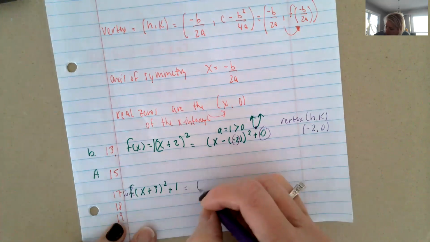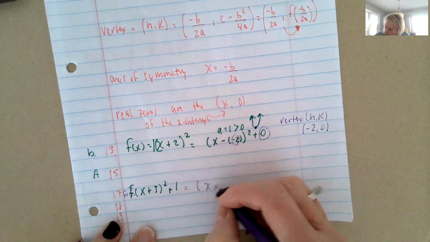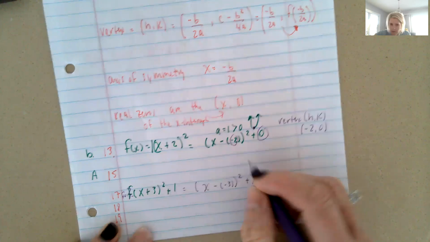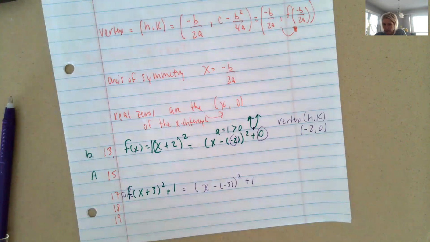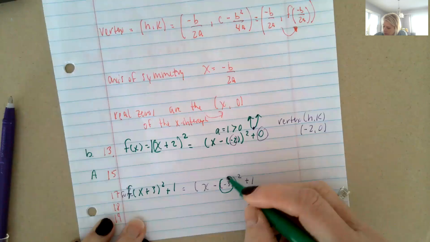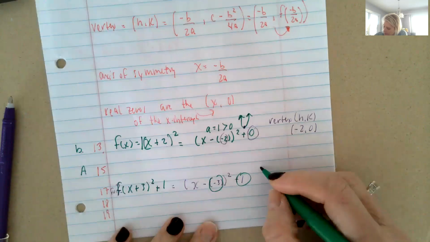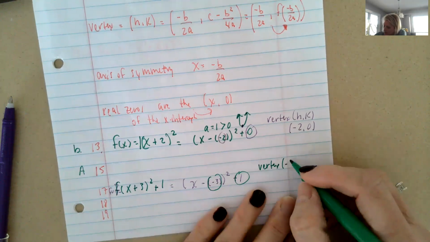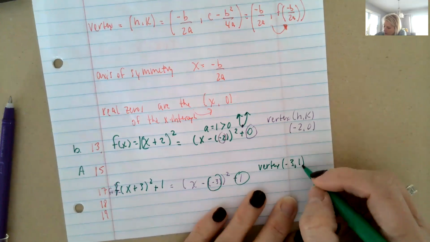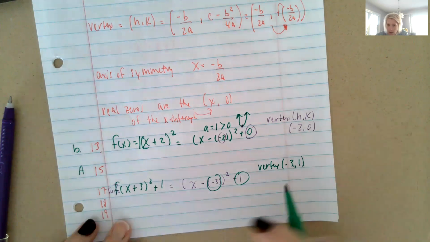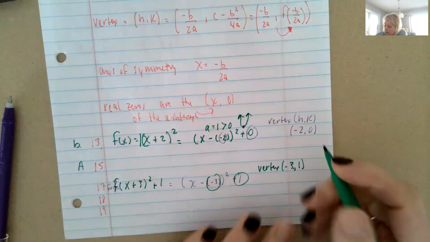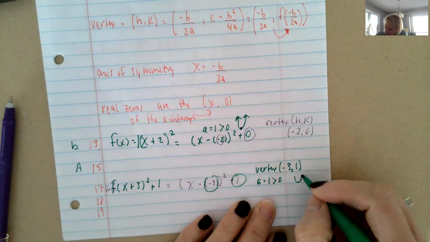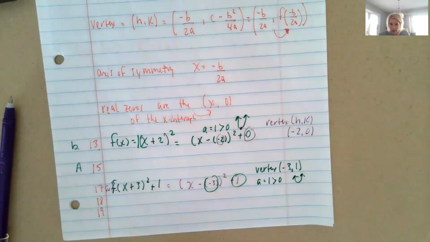So I'm going to write it in the standard form as x subtracting -3 squared plus 1. So then that means my h and my k, so my vertex is at -3, 1. And I have an unsaid 1 there again. So I know that a equals 1, which is bigger than 0. So it's face up.